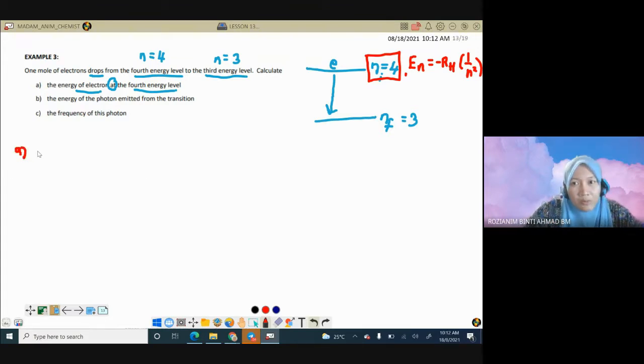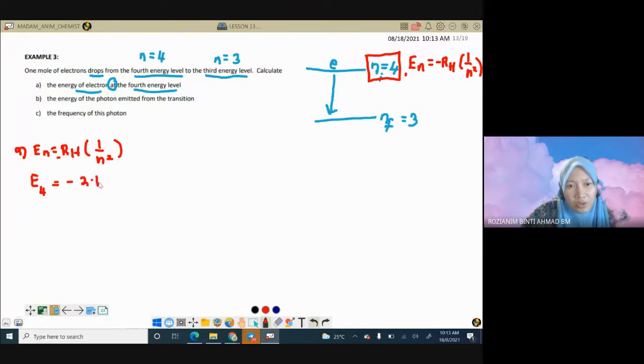So, formula kita En equal to negative RH times 1 over N square. So, En maksudnya tenaga keempat. N equal to 4. Negative RH constant unit in joule 2.18 times 10 to the power of negative 18 joule times 1 over 4 to the power of 2.